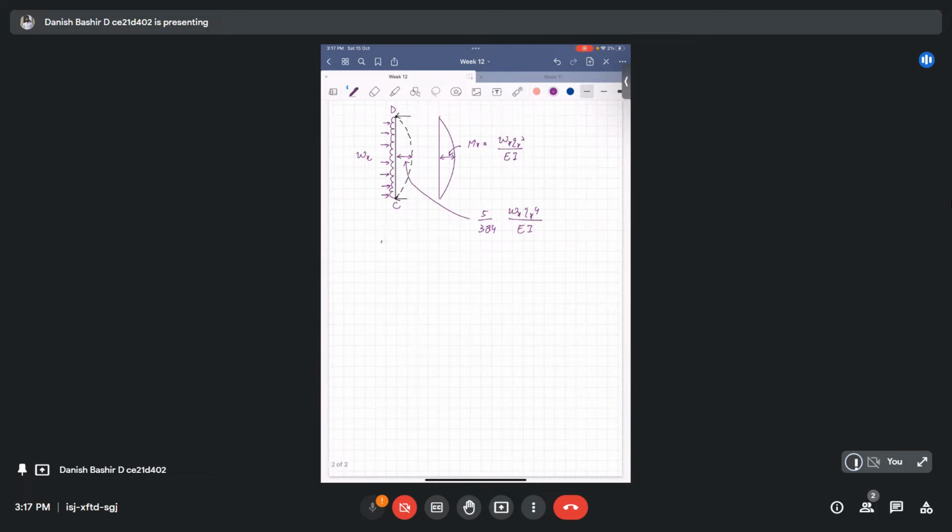So delta along the x direction will be equal to delta along the y direction, so as to maintain the compatibility at the central point. When we substitute these both deltas, we get 5 upon 384 Wx Lx power 4 upon EI, and we have to equate it with 5 upon 384 Wy Ly power 4 upon EI.